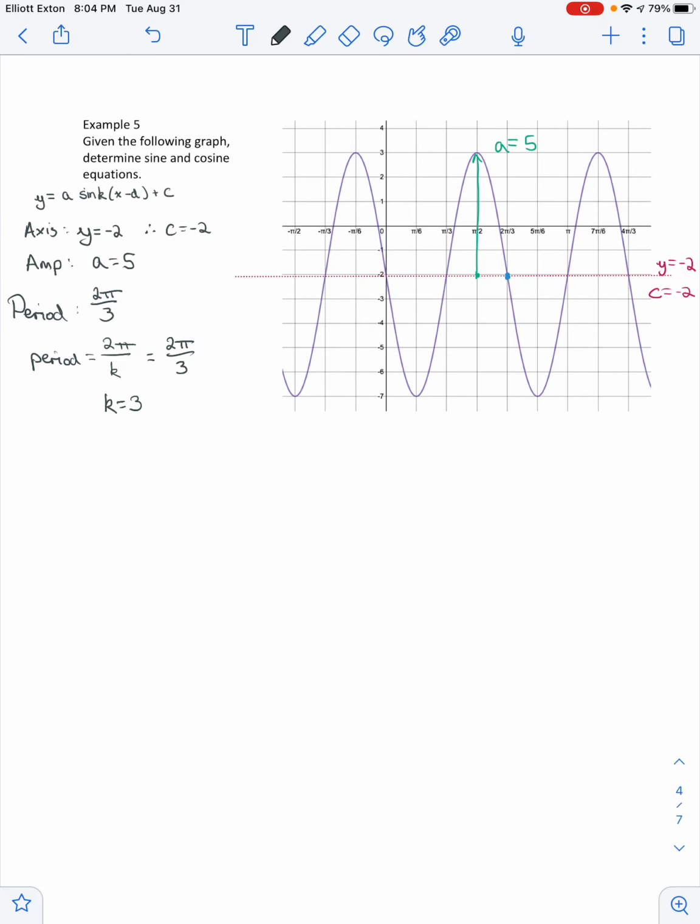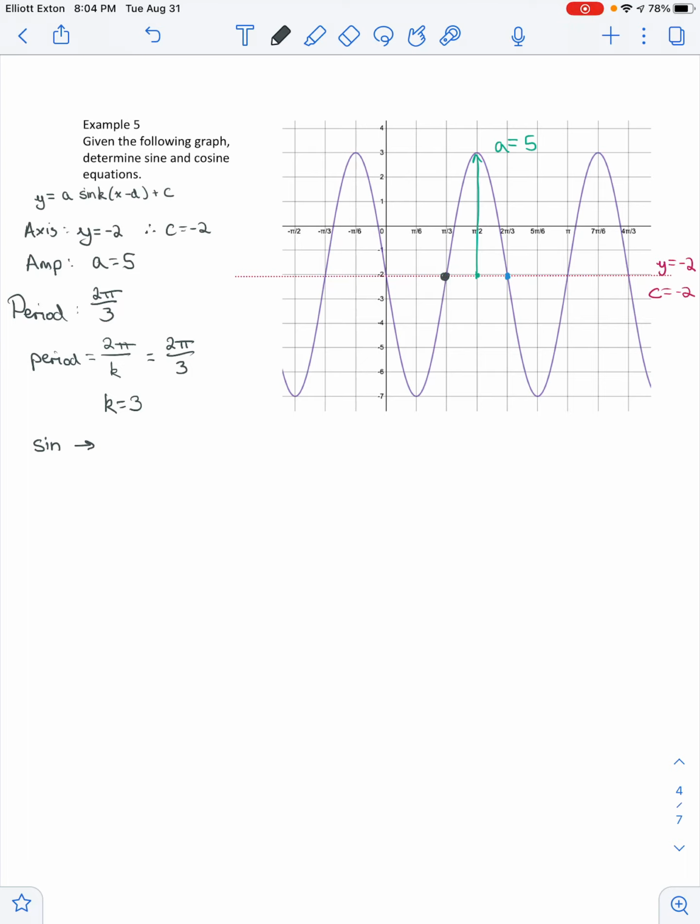Last thing we need to figure out is our phase shift, d. So let's take a look. How far over has our sine or our cosine function been moved in order to give the graph shown? There's multiple different possibilities here, but we do need to look at sine and cos independently. So let's start with the sine function. We know that sine usually starts at 0 and goes up.